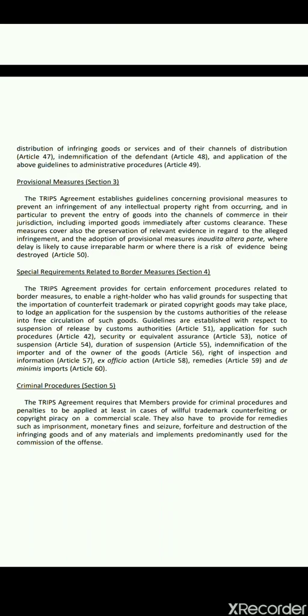The fourth one is Section 4, special requirements related to border measures. Every country has international borders. The TRIPS agreement provides for certain enforcement procedures related to border measures to enable a right holder who has valid grounds for suspecting that the importation of counterfeit trademark or pirated copyright goods may take place to lodge an application for the suspension by the customs authorities.